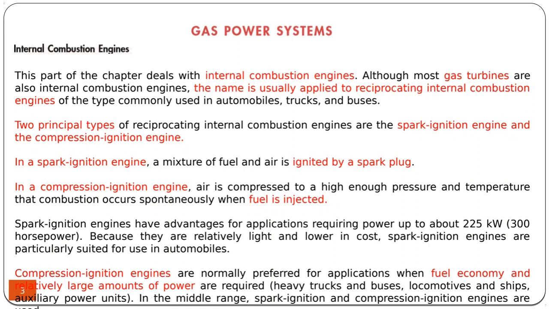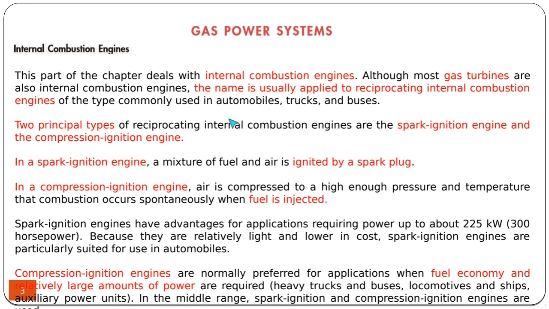Normally, gas power cycles are called internal combustion engines, even though gas turbines are separate from other internal combustion engines. They are also internal combustion engines. Normally, we use the internal combustion engines to denote the engines that are used in our cars, power generation, and so forth, which are reciprocating.